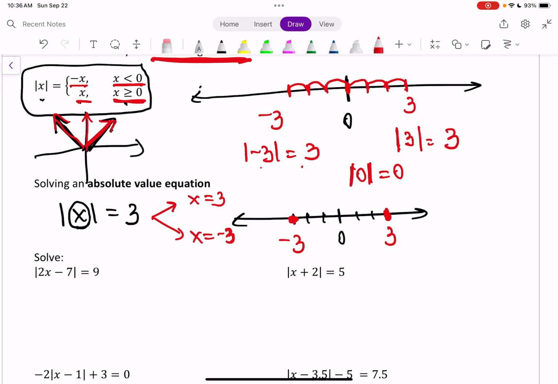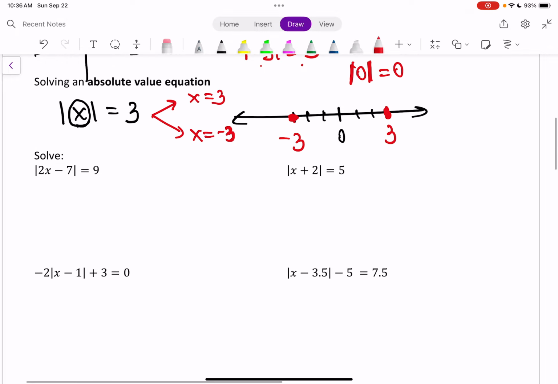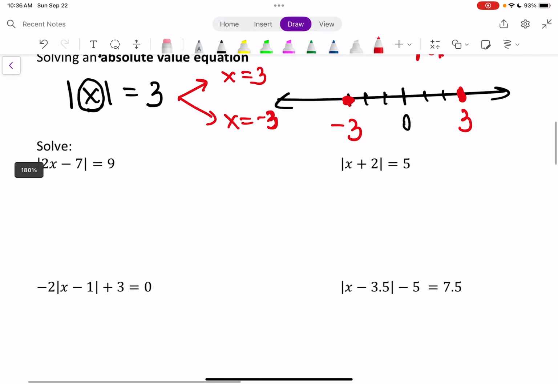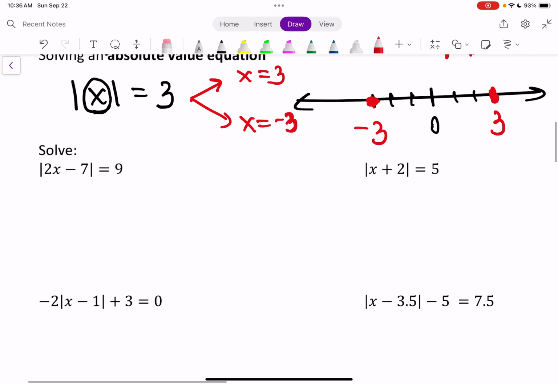So let's solve absolute value equations that have a little bit more than just the absolute value of x. Just as the problem above says, we always have to translate what that means for the quantity inside the absolute value.